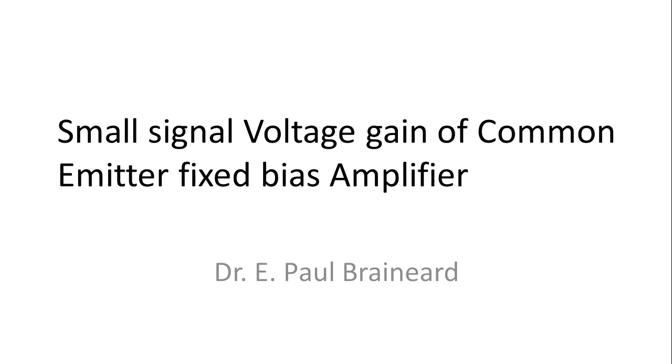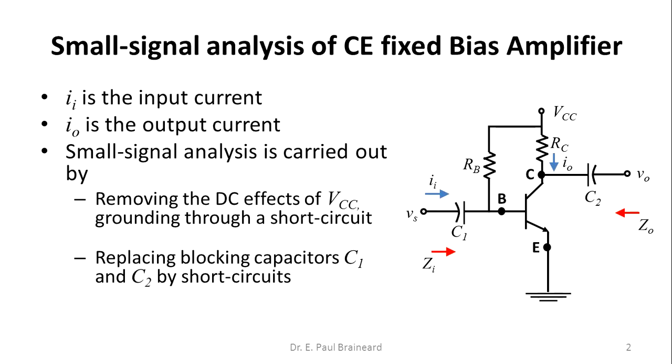In this lecture, we will look at the small signal voltage gain of the common emitter fixed bias amplifier. We are going to perform small signal analysis of this particular common emitter amplifier, which is provided with fixed biasing through the resistor RB from the VCC DC voltage source.